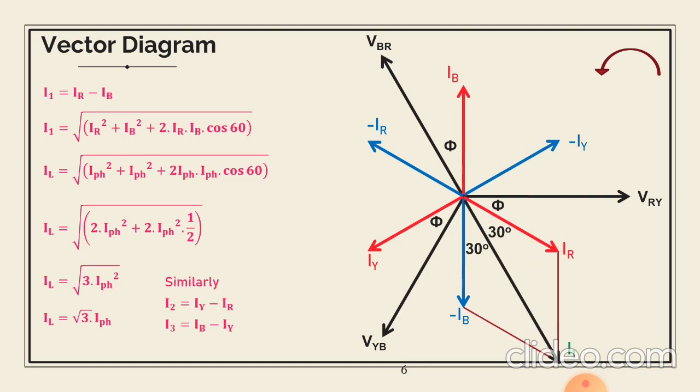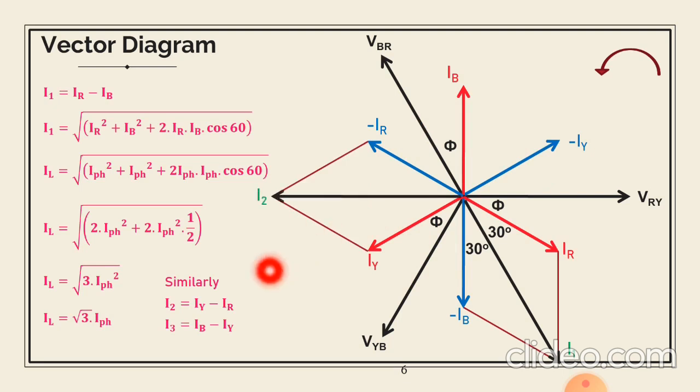Similarly, I can also write I2 is equal to IY minus IR, and I3 equal to IB minus IY. If I draw the parallelogram for IY and minus IR, I will get I2 like this.